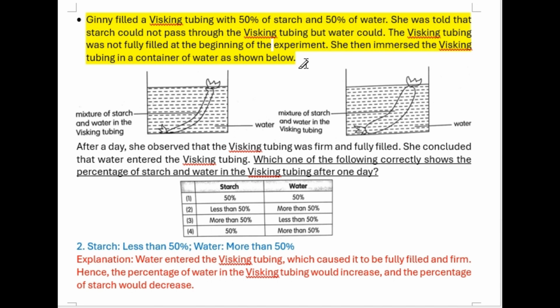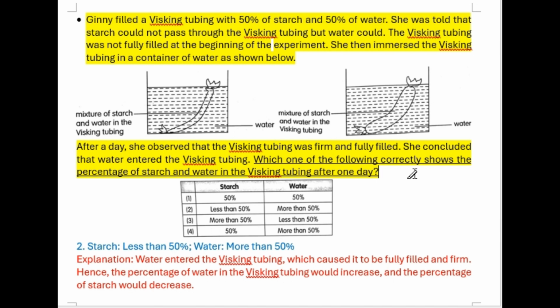After a day, she observed that the whisking tubing was firm and fully filled. She concluded that water entered the whisking tubing. Which one of the following correctly shows the percentage of starch and water in the whisking tubing after 1 day?